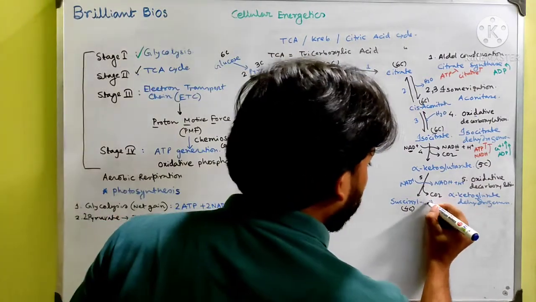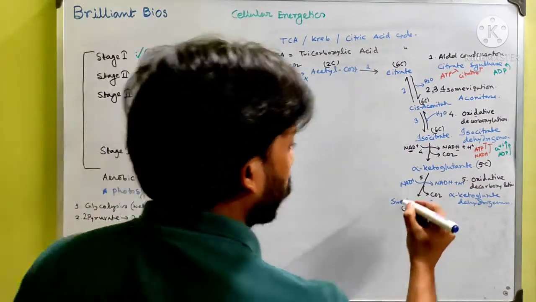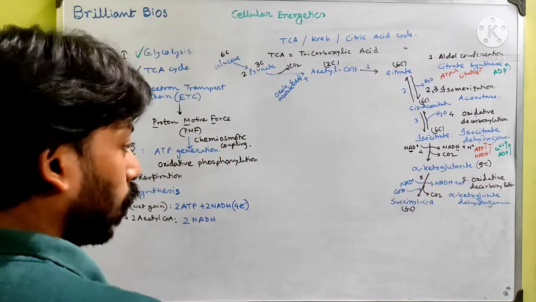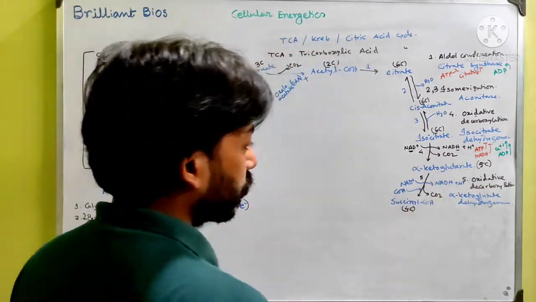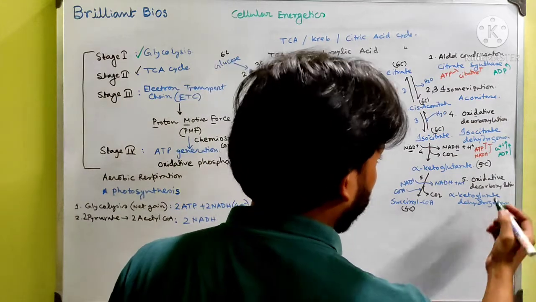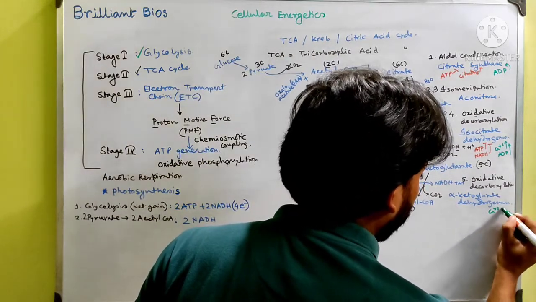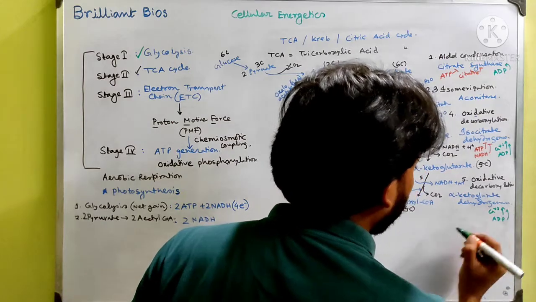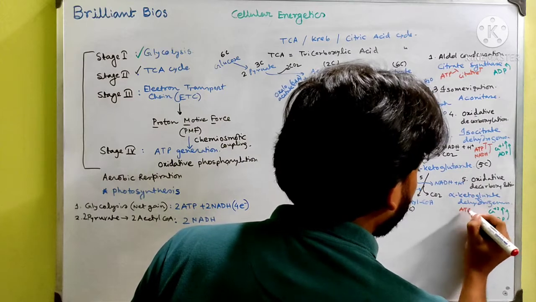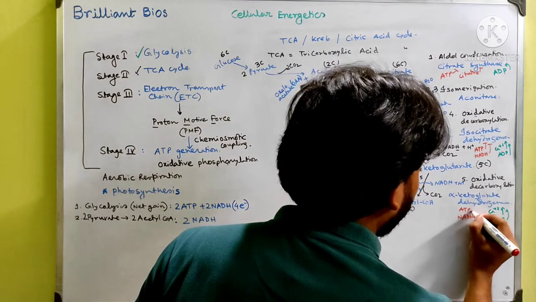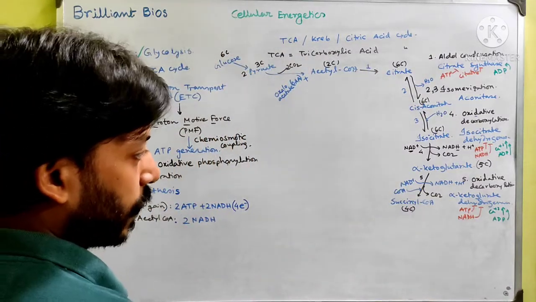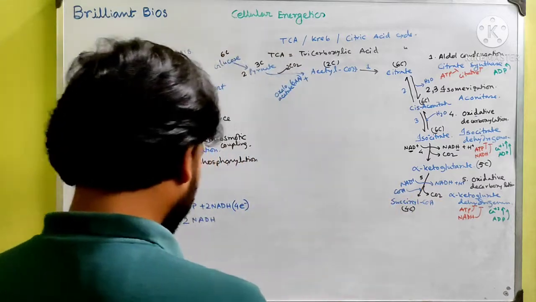Here you can see succinyl CoA is produced, so that means coenzyme A is added here. This step is also an irreversible step, so this alpha ketoglutarate dehydrogenase should be controlled allosterically. Same thing, calcium can activate, ADP can activate, but ATP and NADH will inhibit this enzyme. So up to that, succinyl CoA is a 4 carbon molecule.